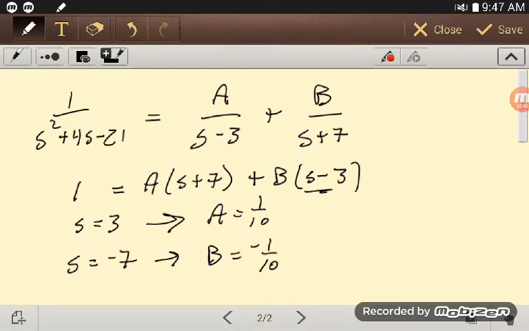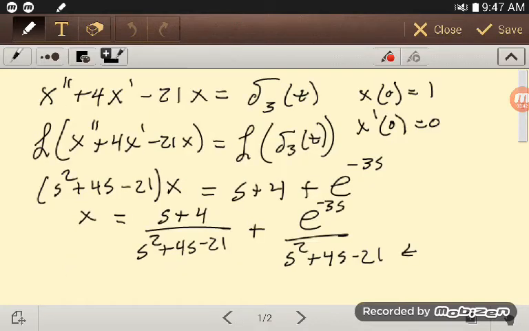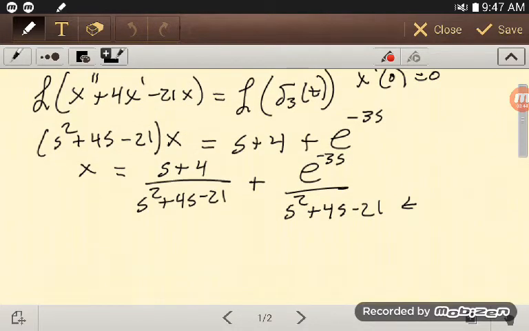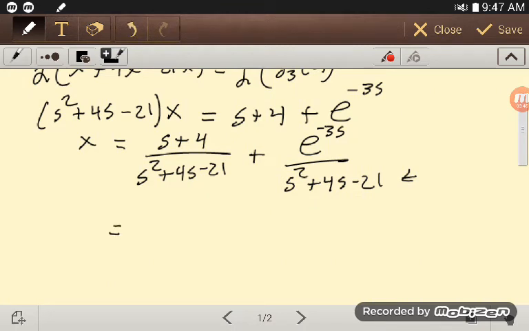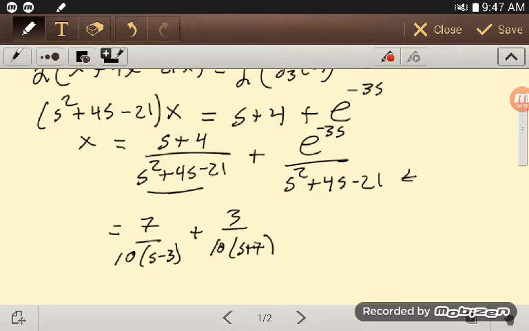Okay, so I go back, and so this is equal to, my decomposition before for this first part, 7 over 10 times s minus 3, and then plus 3 over 10 times s plus 7.